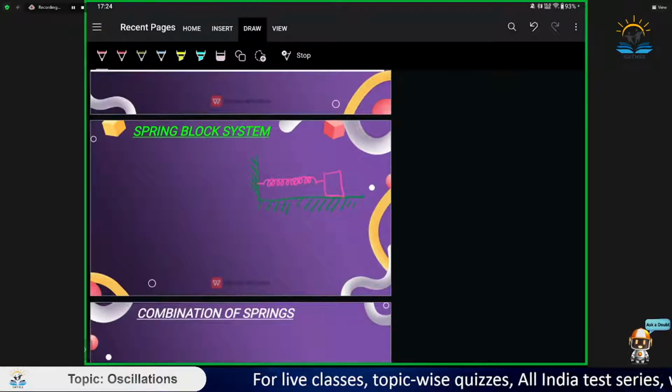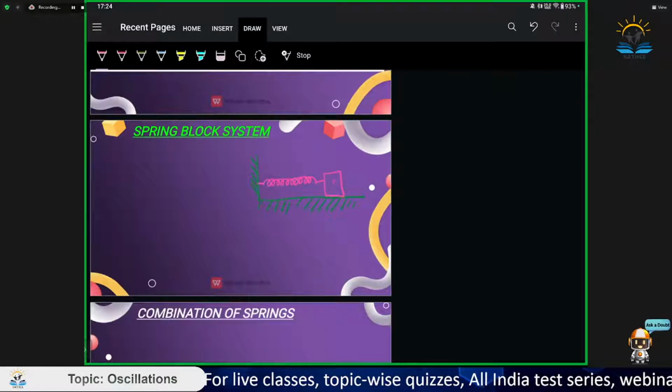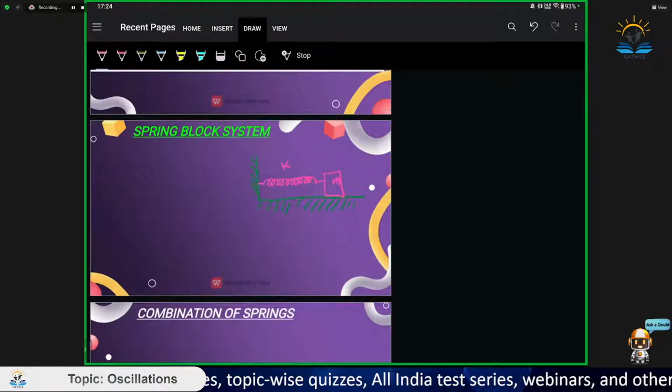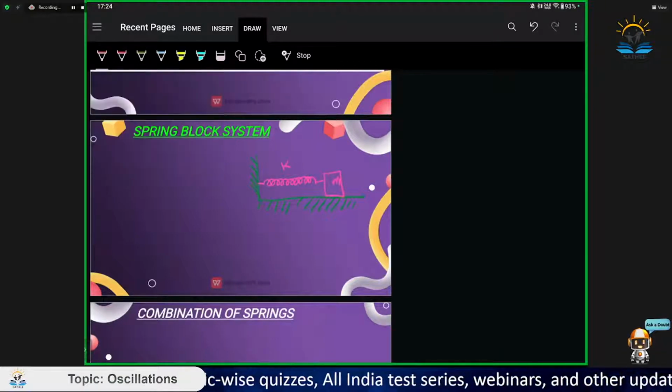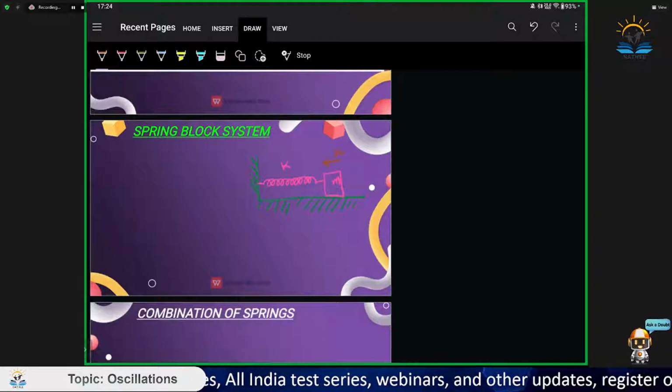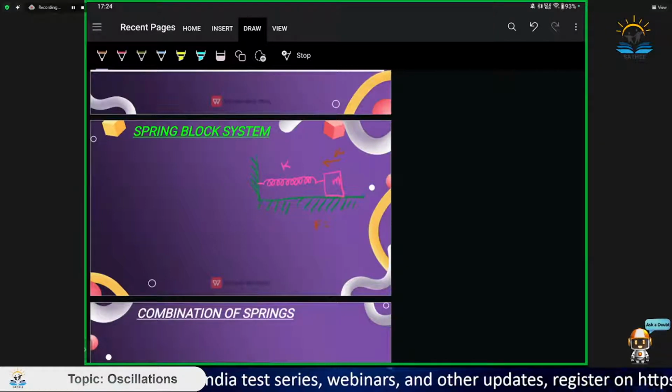We have a mass of block M and a spring of spring constant K. So what if I displace the block M in this direction by X? So the force will be towards this direction, right?